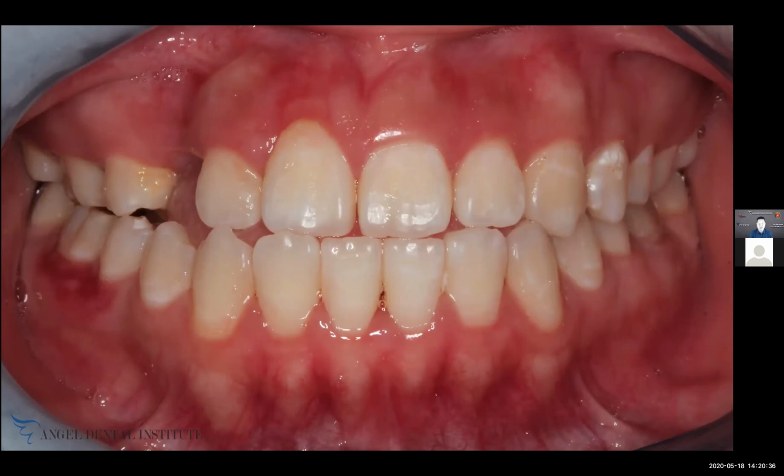These are ones that you really have to be careful of, because this area looks okay, right? But if you flap that area because of the concavity and so forth, you'll find that there is very deficient bone. You definitely need to do bone grafting here before you do the implant.